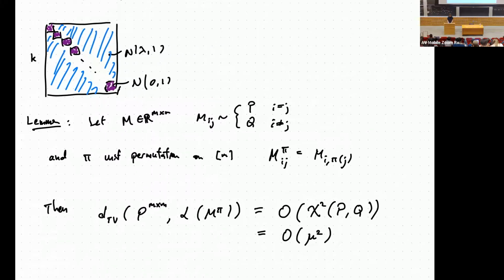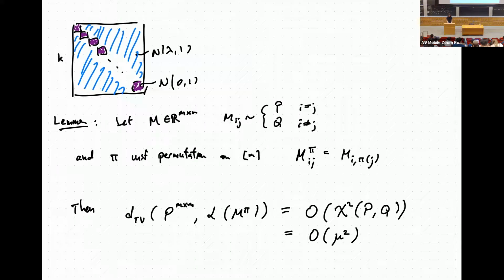Now consider the matrix M_{i,pi(j)}, whose index ij entry is i and then you permute the j. So this is really just permuting the columns of matrix M.